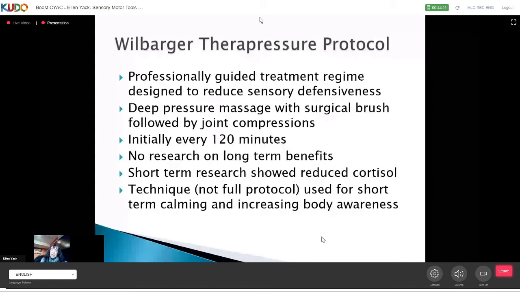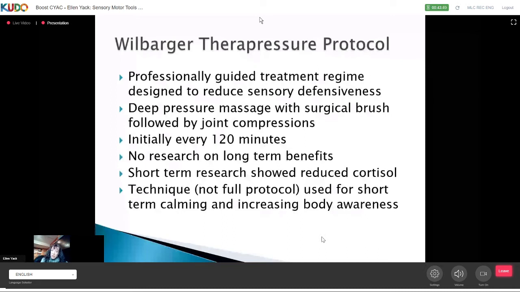And it basically is provision of deep pressure massage with a surgical brush, followed by joint compressions. When the goal is to reduce sensory defensiveness over time, this procedure, the massage followed by joint compression, is initially recommended to be introduced every 120 minutes.